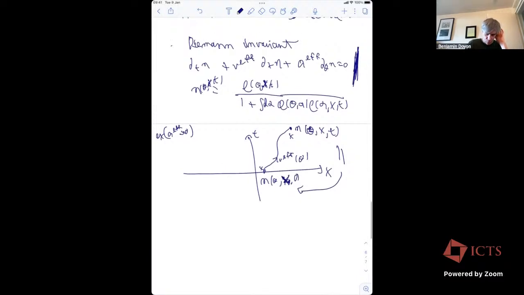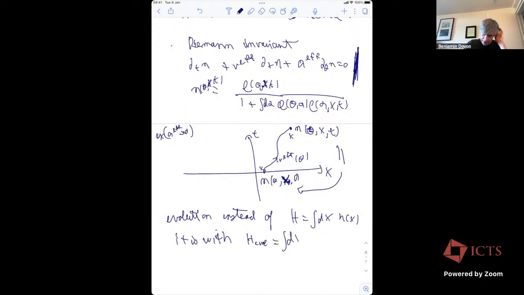The evolution, instead of the Hamiltonian H, which I was writing as the integral dx of some Hamiltonian density h(x), is now with H_evol, which is going to be the integral dx, and then you can put a lot of external forces.